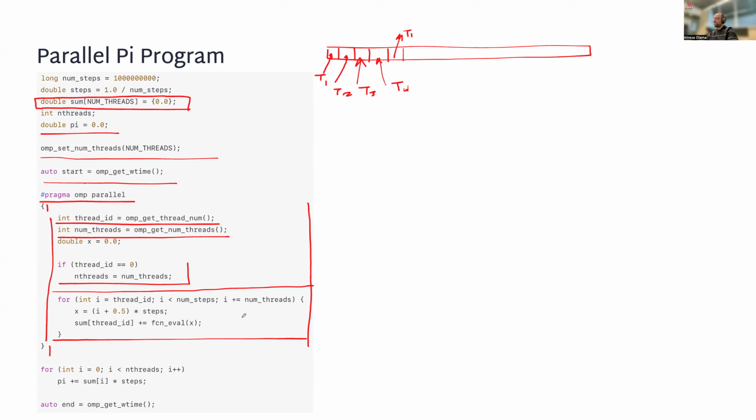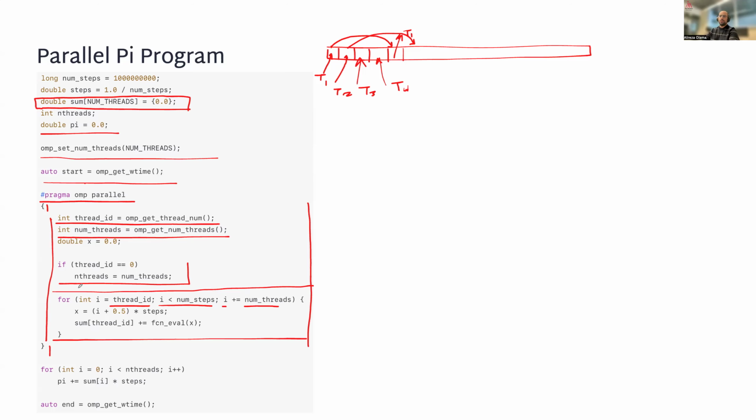And you can implement it using this for loop. So we start from the thread ID, and then until the number of steps, and then we increment i by the number of threads. So we jump from here to here for thread 1, or here to here for thread 2.